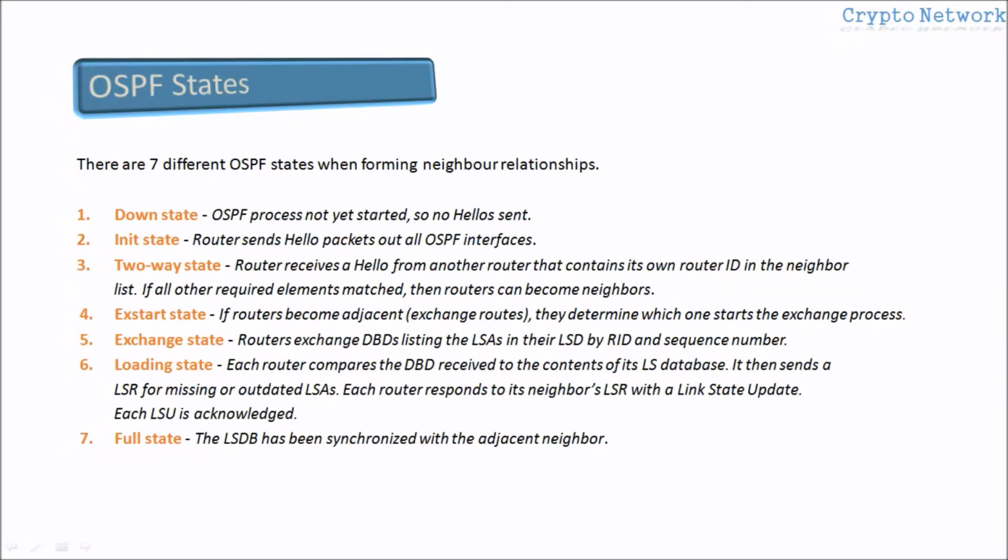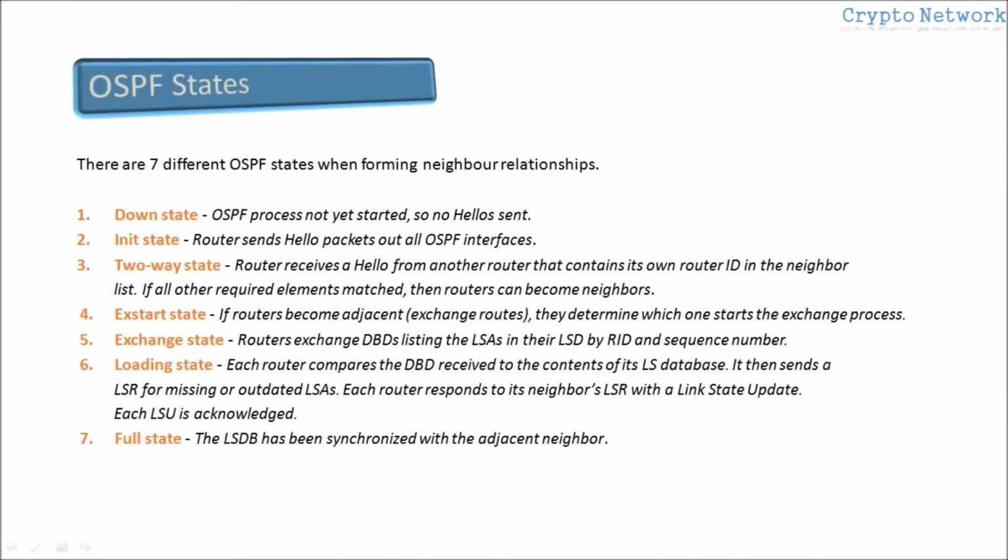ExStart state, master and slave roles determined. Exchange state, database description packets are sent. Loading, exchanging of link state requests and link state updates packets. And finally the full state. So OSPF routers now have an adjacency, full neighbor state.